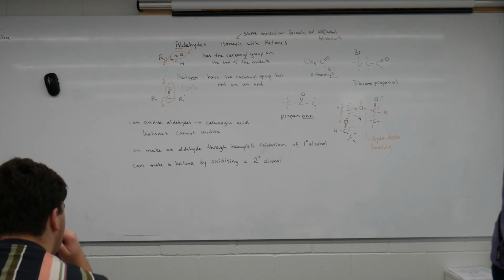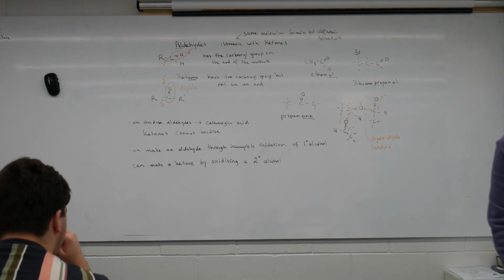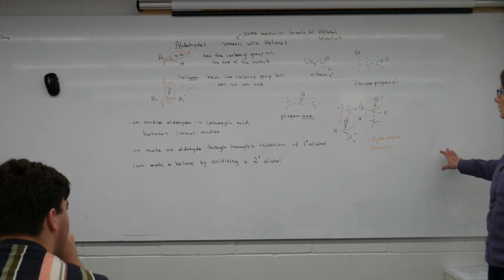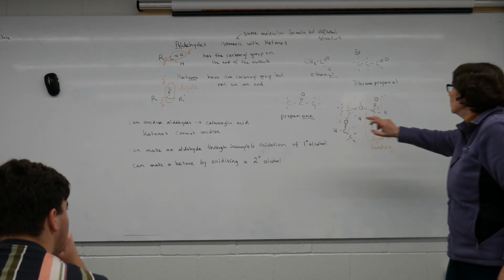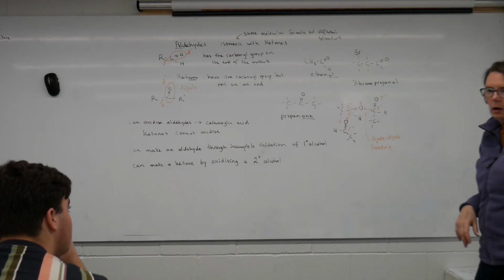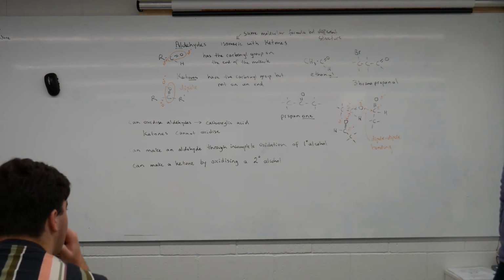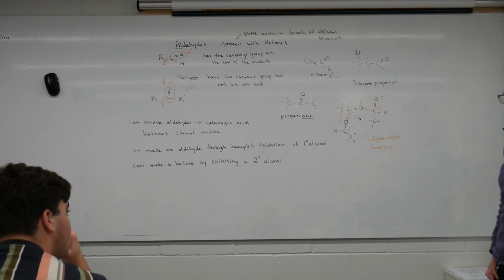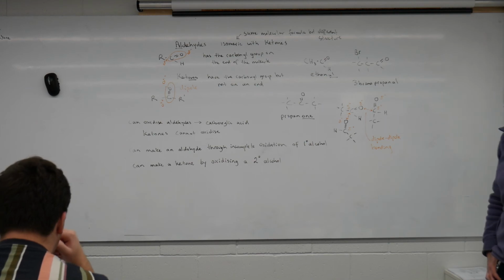And they are both going to therefore have higher melting and boiling points than their corresponding hydrocarbons. Where would they sit in relation to the alcohol? So if we had propanol, what do we think the boiling point is going to be like? Which one's lower? Yeah, the aldehyde or the ketone will have a lower boiling point than the corresponding alcohol because the alcohol has hydrogen bonding.